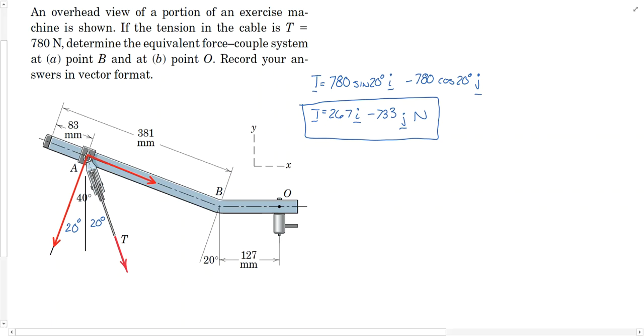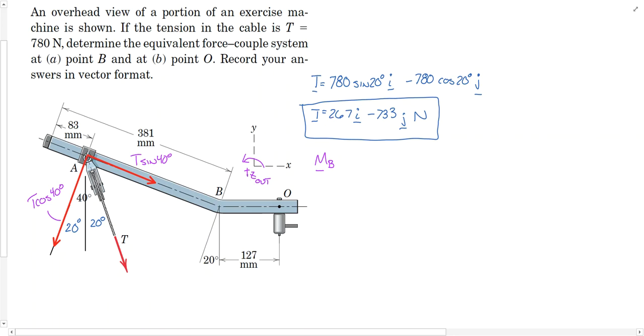The component that is perpendicular would be T times the cosine of 40 degrees, and this component would be T sine 40 degrees. Now when I do the moment around point B, again we'll do this as a vector. If the x-axis is positive to the right and the y-axis is positive up, then the positive z-axis is out of the page.